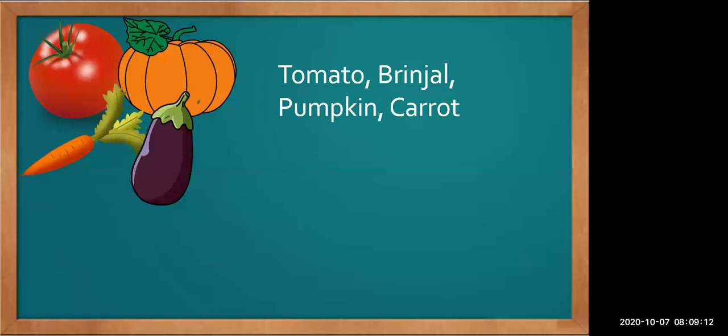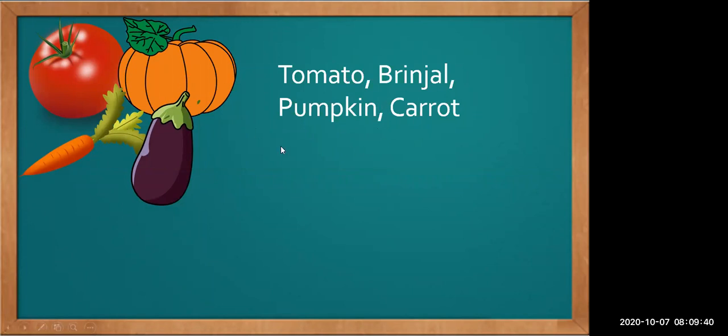Now our task is we have to arrange these words in the alphabetical order. But how, children? Yes, according to the first letter of the alphabet. Okay. So what is the first letter? What can you see in this word? T for tomato, B for brinjal, P for pumpkin, and C for carrot.